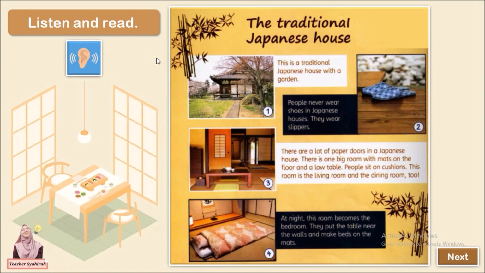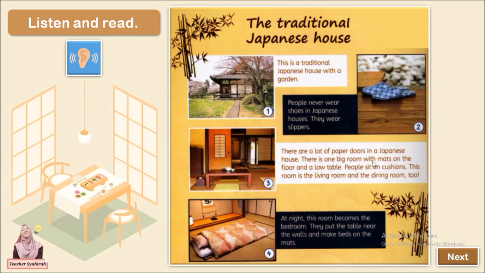Module 5, Our World. Social Studies. The traditional Japanese house. This is a traditional Japanese house with a garden. People never wear shoes in Japanese houses. They wear slippers. There are a lot of paper doors in a Japanese house.